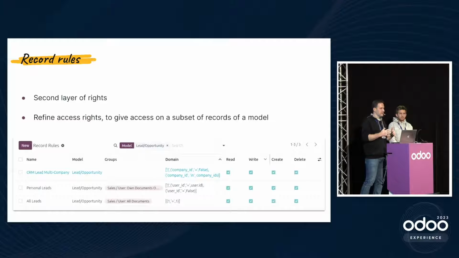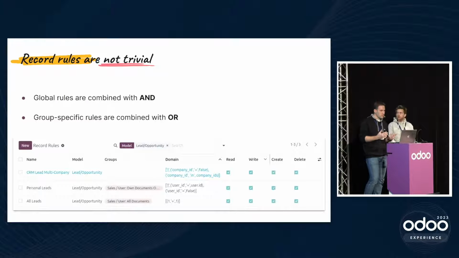The thing is that they are assigned sometimes to groups, sometimes they have no group. This is an important distinction because it allows more flexibility in the way the rules are implemented. So this is a little bit tricky. You can have global rules. What we call global rules are rules that have not been assigned to a specific user group, so they apply to everybody.